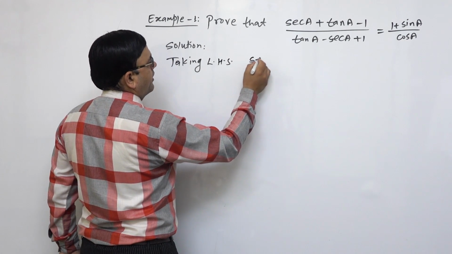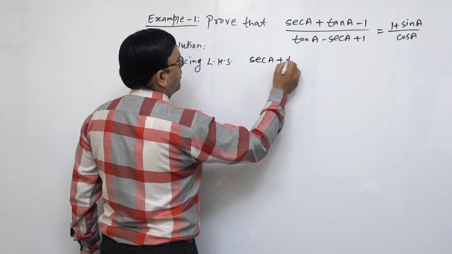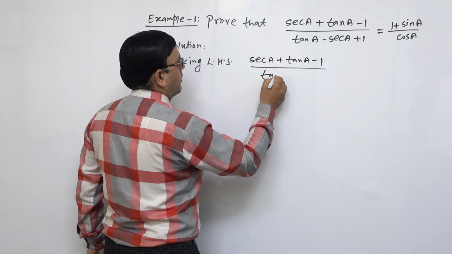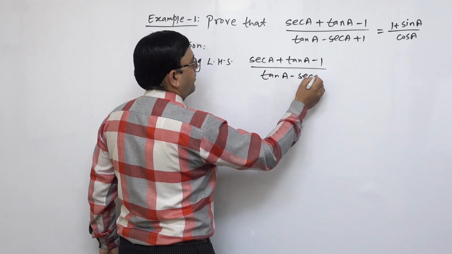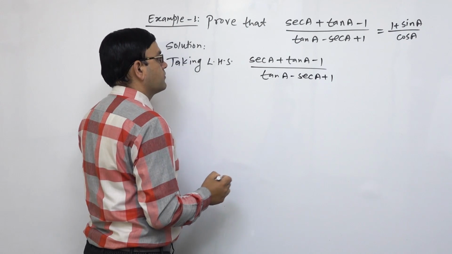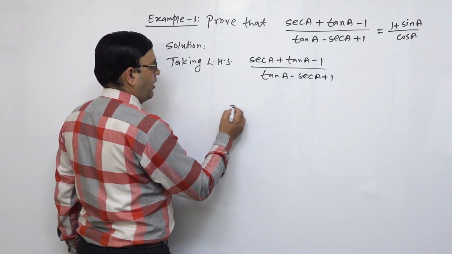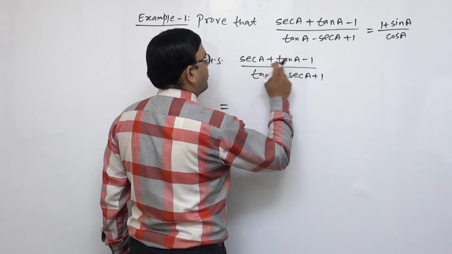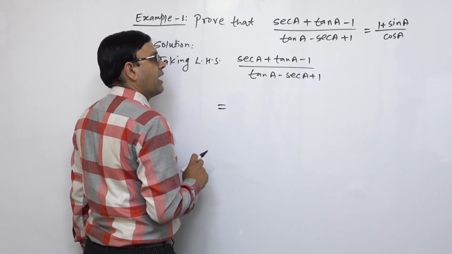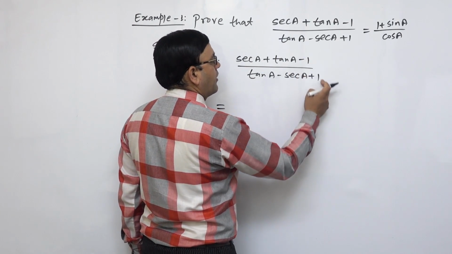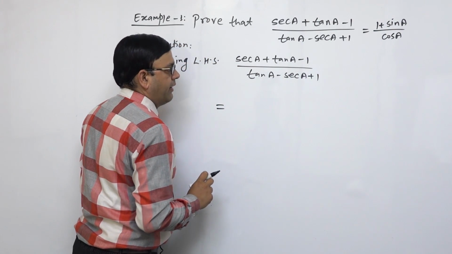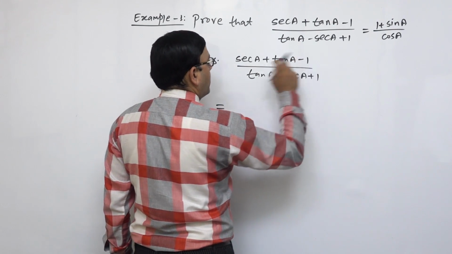So, here is sec A plus tan A minus 1 by tan A minus sec A plus 1. We can solve such type of problem by using the formula of 1 in terms of sec and tan. Sometimes we use this formula at both places of 1, sometimes only at one place.